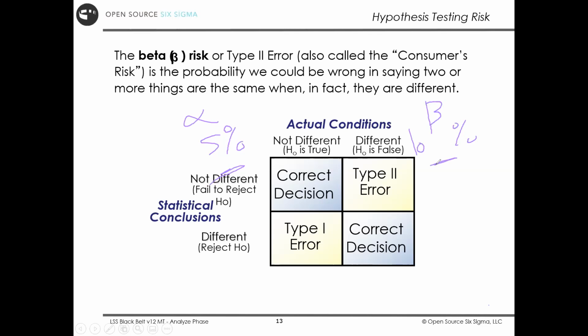You must understand the physical meaning of alpha and beta. The risks of alpha and beta are really true. For example, if you are comparing supplier 1 to supplier 2, for sure, in your practical life, you will do this comparison only one time.